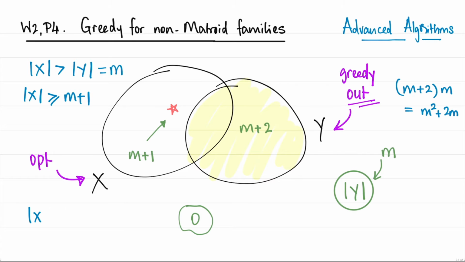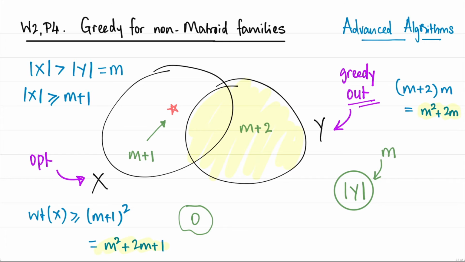But still, the weight of X is guaranteed to be at least M plus 1 squared, because there are at least M plus 1 elements, and all elements have a weight of at least M plus 1. But M plus 1 squared is M squared plus 2M plus 1, which means that it's strictly bigger than what we have here.